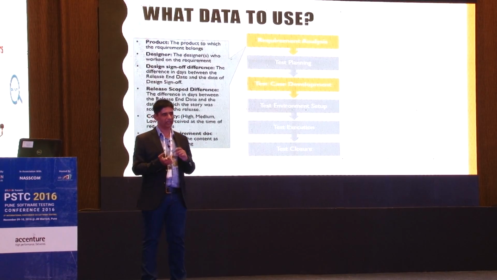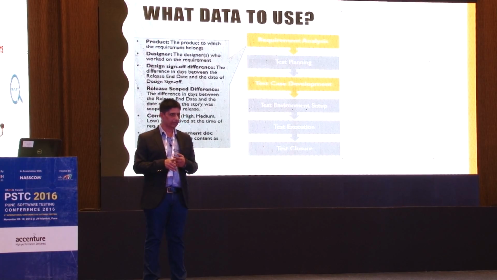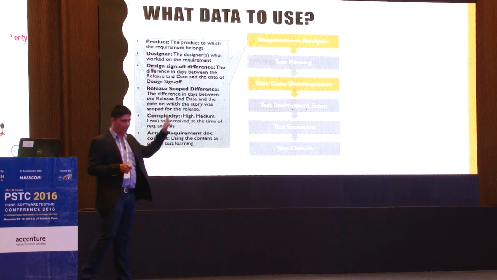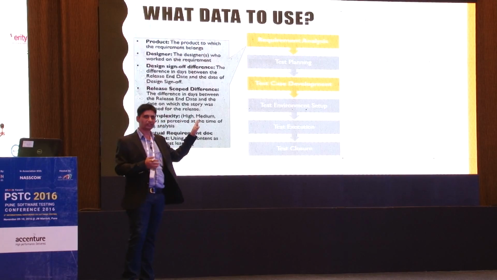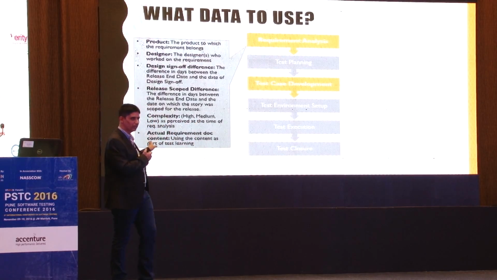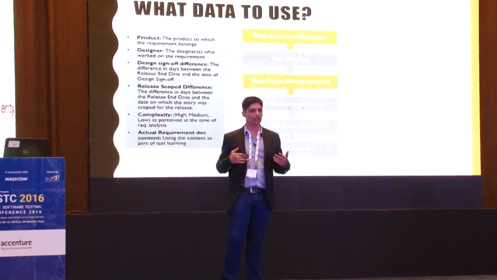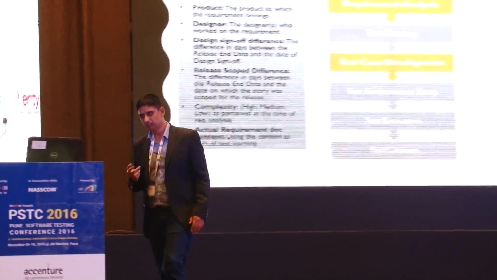When we say failed, either it gets deferred or it gets blocked for some other reason. So you can have lots of relevant data points from the requirement itself, and you can feed those data points to your algorithm, and your algorithm can get trained to make the predictions.